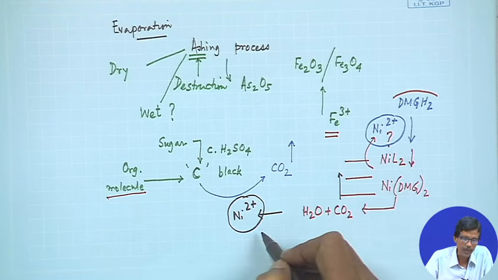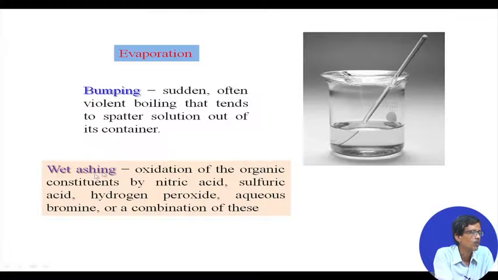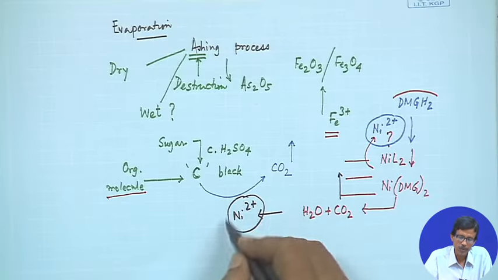But at the same time, this wet ashing process is done inside a beaker, because we can take the sample of nickel DMG inside the beaker and destroy the organic part, that means the DMG part, by treating it with a mixed combination of nitric acid and sulfuric acid, and we will be left with Ni2+.